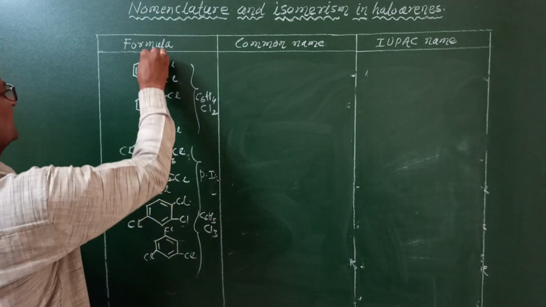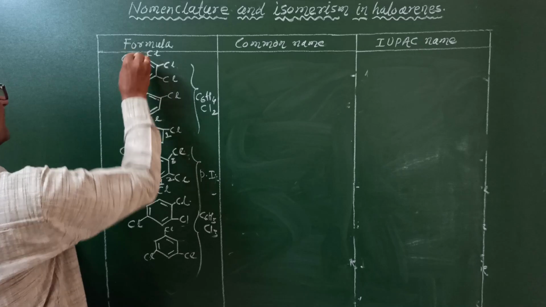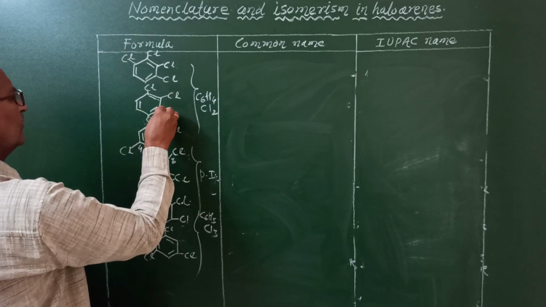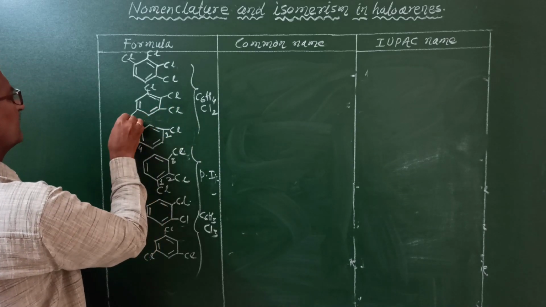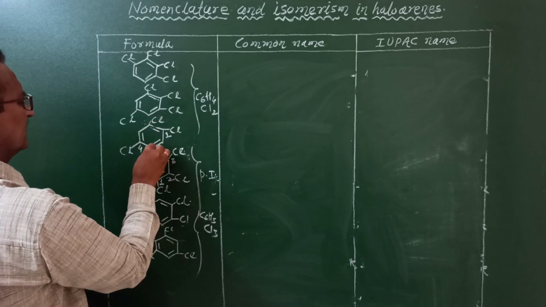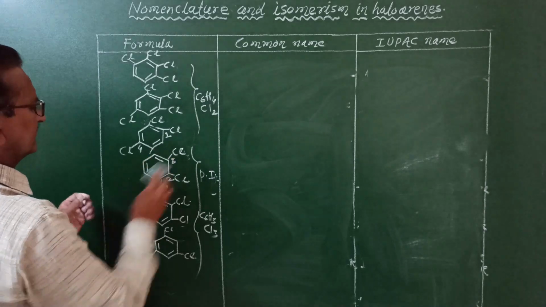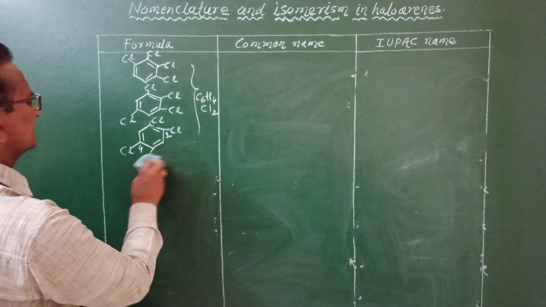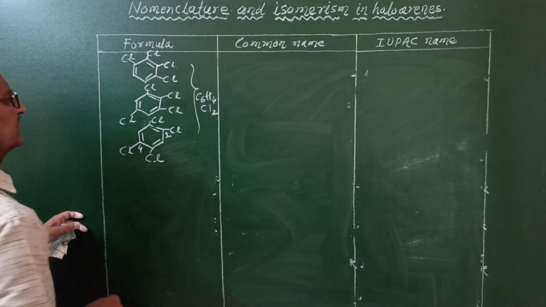We can take the positions of chlorine atoms as 1, 2, 3 and 4. In the second, 1, 2, 3 and 5. And in the last, 1, 2 and 4, 5. Here also chlorine atoms are there.